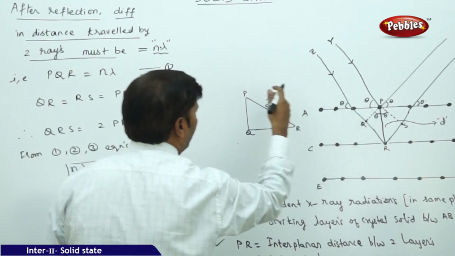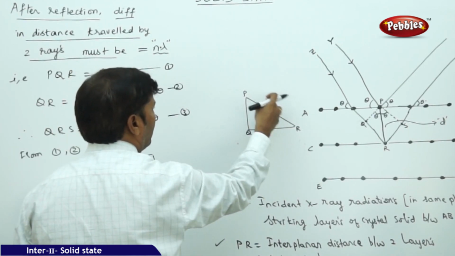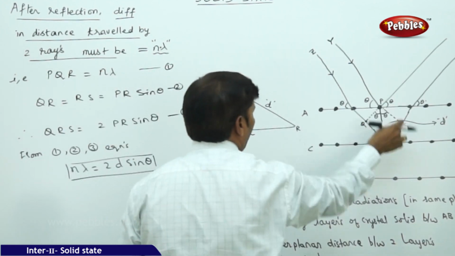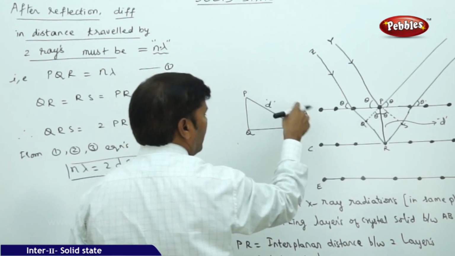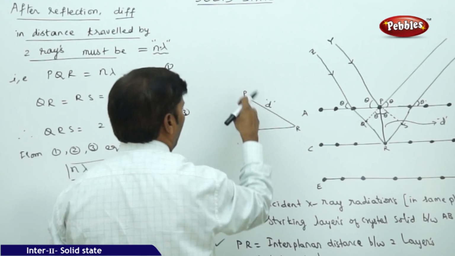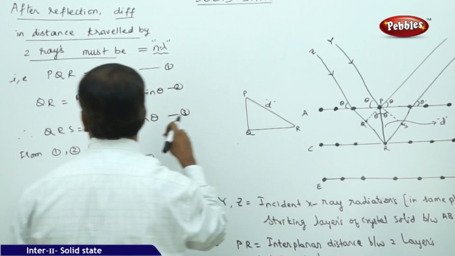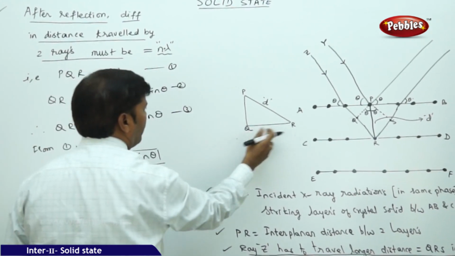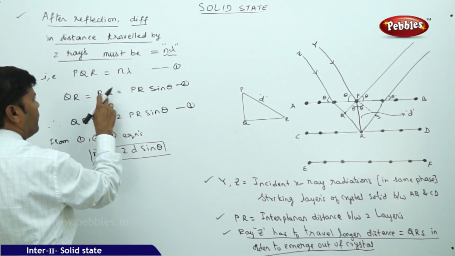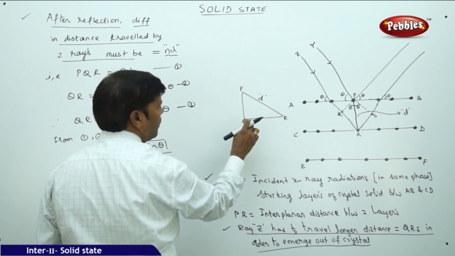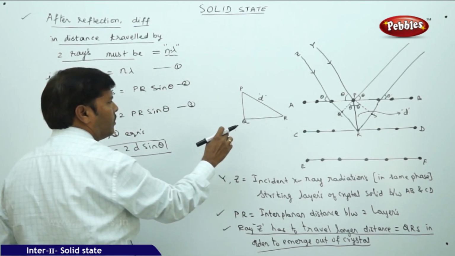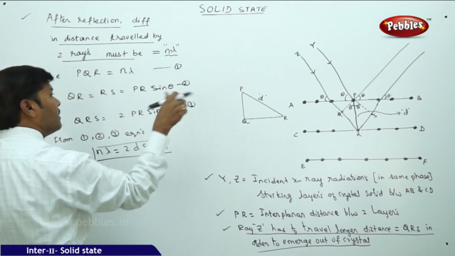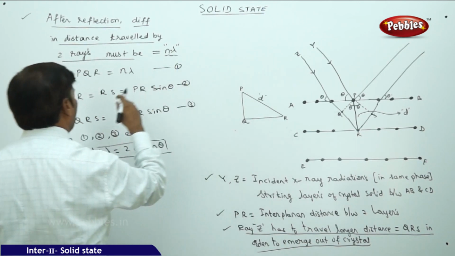If you select one of the right angle triangles, PR is going to become the distance between the two planes. Take Q of R and R of S. R of S is on the right side of the triangle, so no problem.